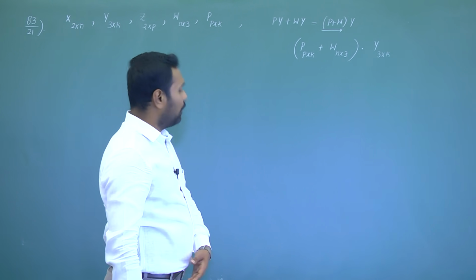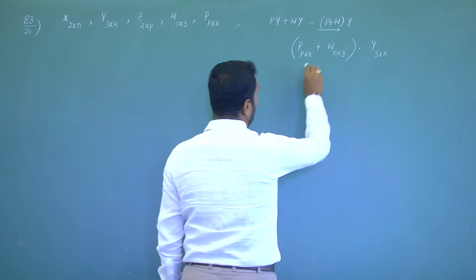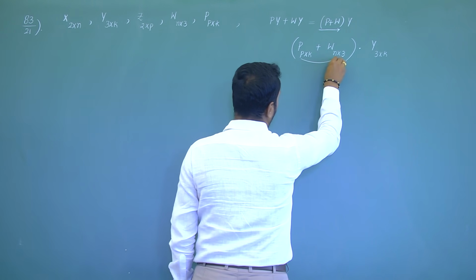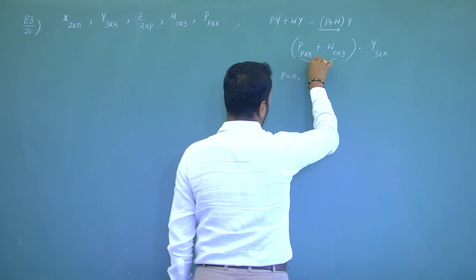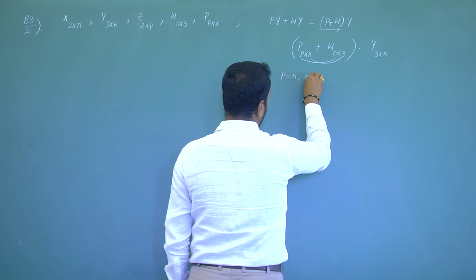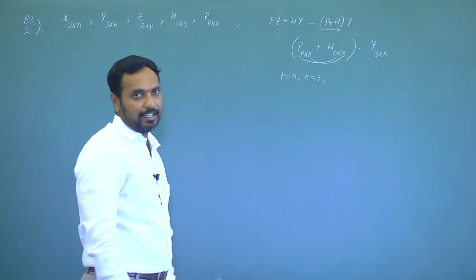Now, addition of matrices is possible when they have the same orders, so P is equal to N and K is equal to 3, then multiplication of matrices is possible.